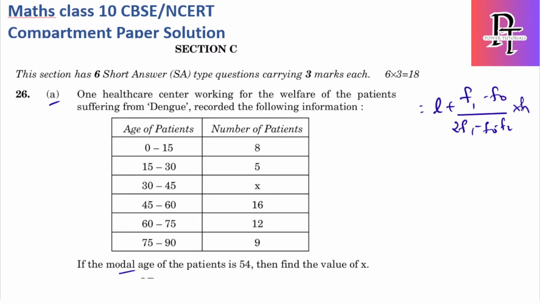What is the modal class? Modal class is the class which has the highest number of values. So this is the modal class, because here 16 is the highest value.